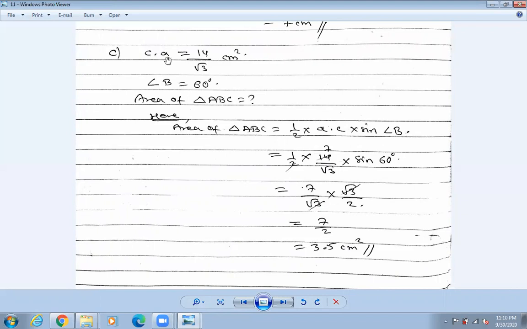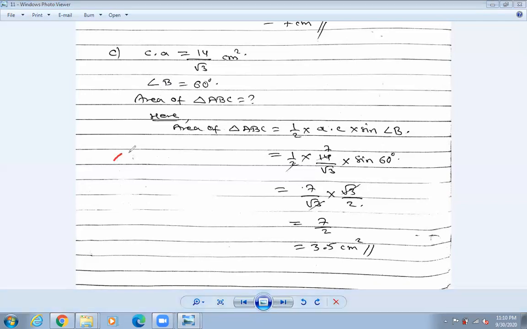Just remember, if there are two sides, then the angle should be the one out of these two. So if there are C and A already, angle A is there, angle C is also there, so what should be there? Angle B must be there. If there are A and B, then what must be the angle? We need C. So let me write in this way.